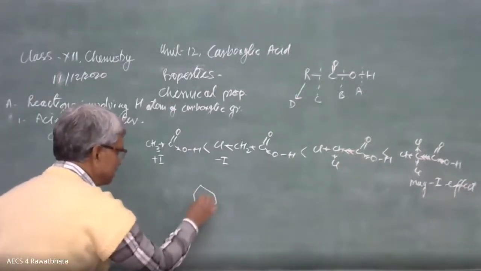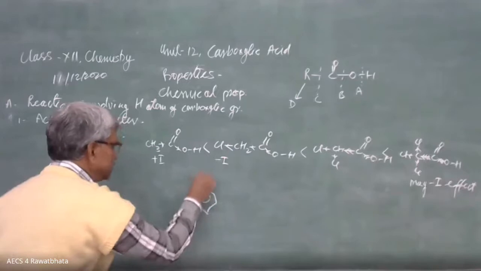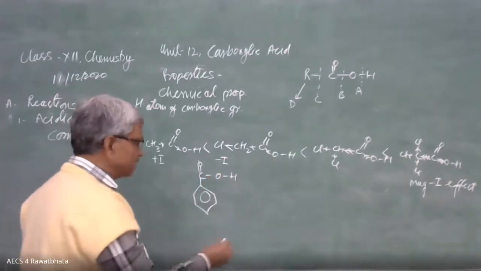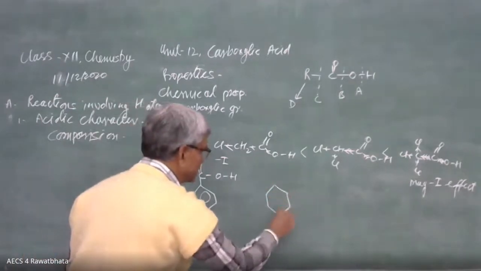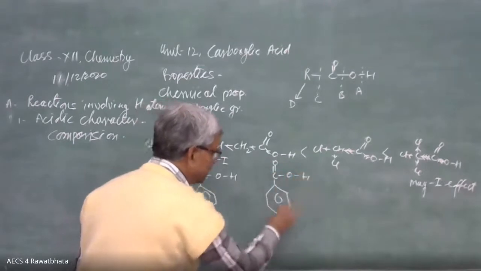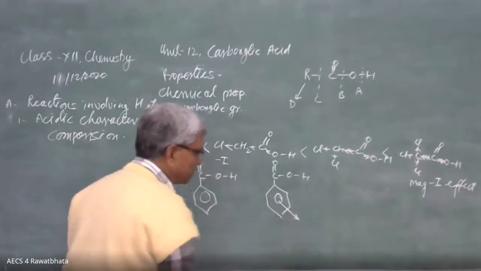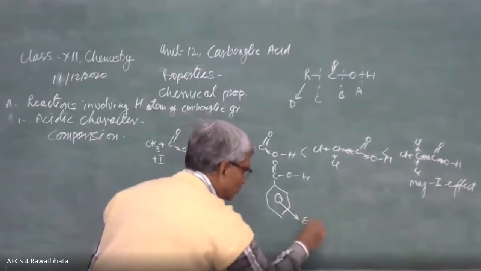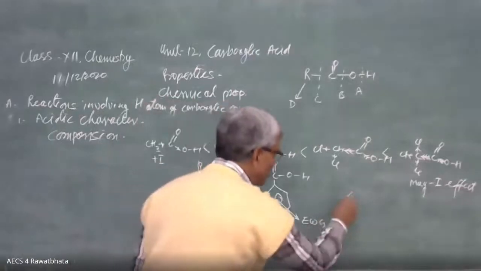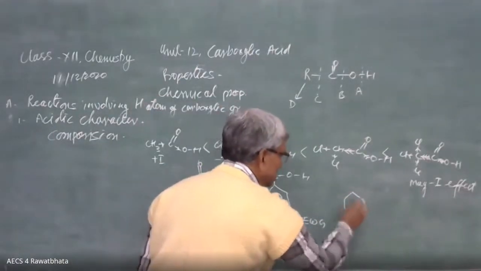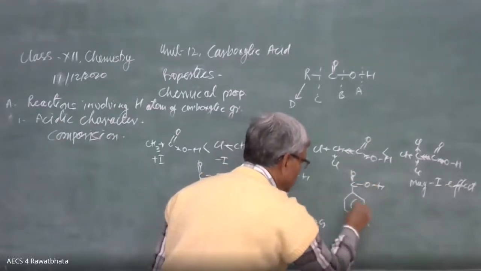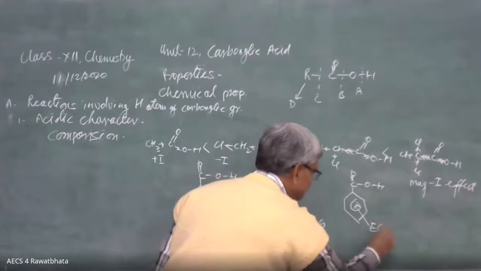If we talk about benzoic acid, it is like this. Here is benzoic acid, COOH. And if any substituent is attached to the benzoic acid, like COOH, here the substituent may be an electron withdrawing group, which is one type of substituent, and another is an electron donating group, EDG.